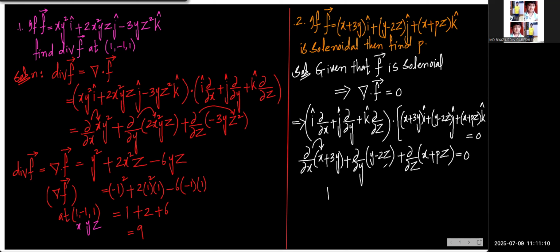With respect to y, it is 1 again. With respect to z, it becomes 1 plus p equal to 3. 1 plus 1 is 2. So then we say p value is minus 2. That's it. You have to find out p value, and then p value is minus 2. Move on to the next page.